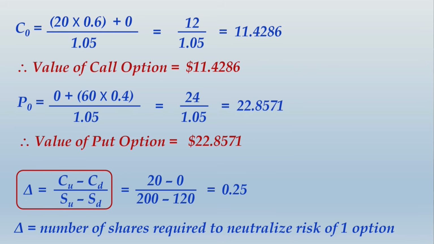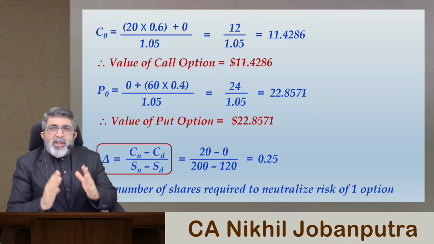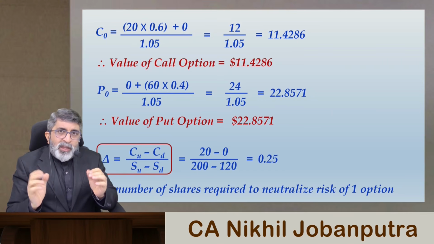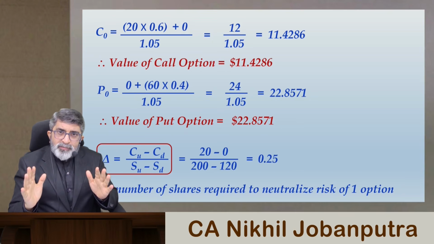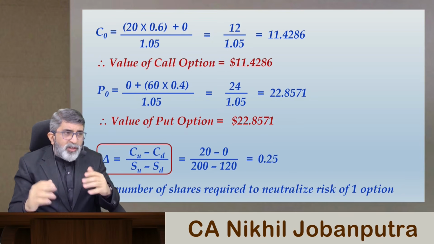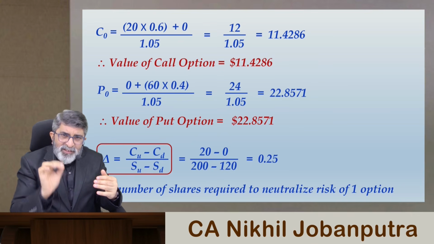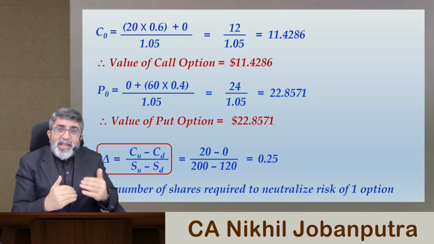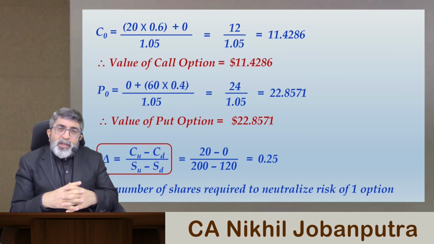Alright friends, so let me take you to the deeper part of this delta. If you recollect, in the earlier classes when we learnt option valuation, the option valuation was learned through various models, and one of the easiest ways was applying the simplified version of the portfolio replication model.